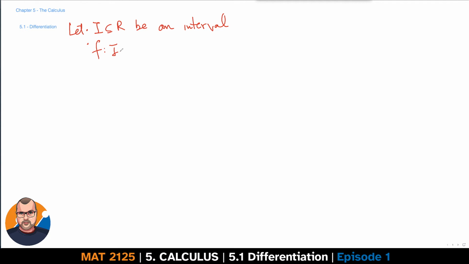f is a function from this interval to the set of real numbers, and c is some point within the interval.